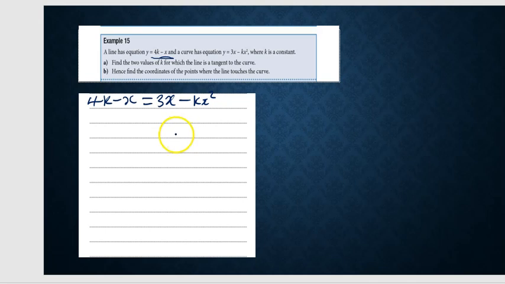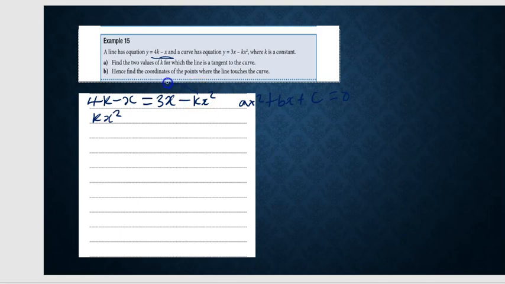So if we try to rearrange this in the form ax squared plus bx plus c equals 0, this becomes kx squared.